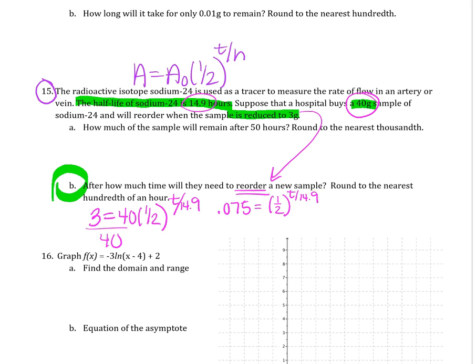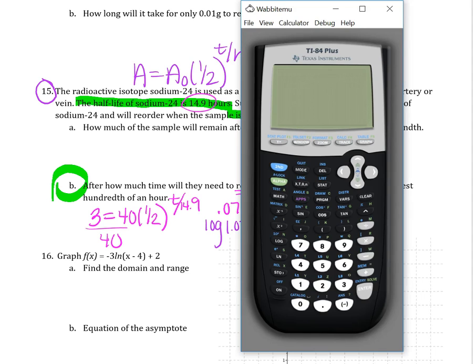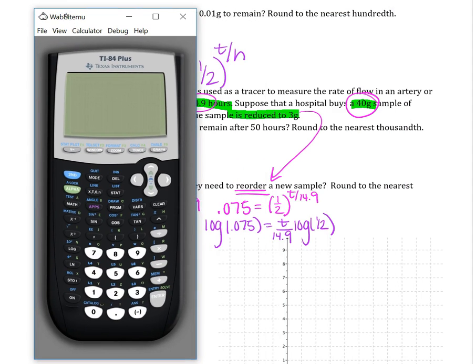Okay, and then I'm going to take the log of both sides. So what I may do on the right-hand side is just simplify this. Log of 1/2 divided by 14.9 is just a number.